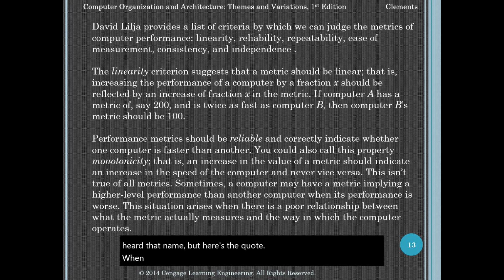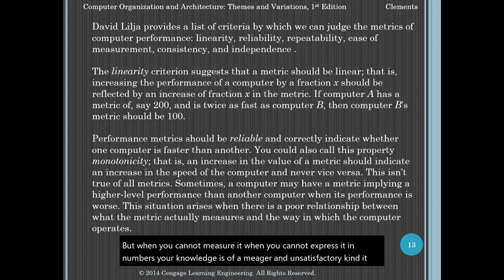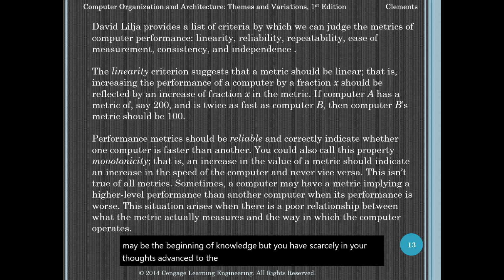When you can measure what you're speaking about and express it in numbers, you know something about it. But when you cannot measure it, when you cannot express it in numbers, your knowledge is of a meager and unsatisfactory kind. It may be the beginning of knowledge, but you have scarcely in your thoughts advanced to the state of science.